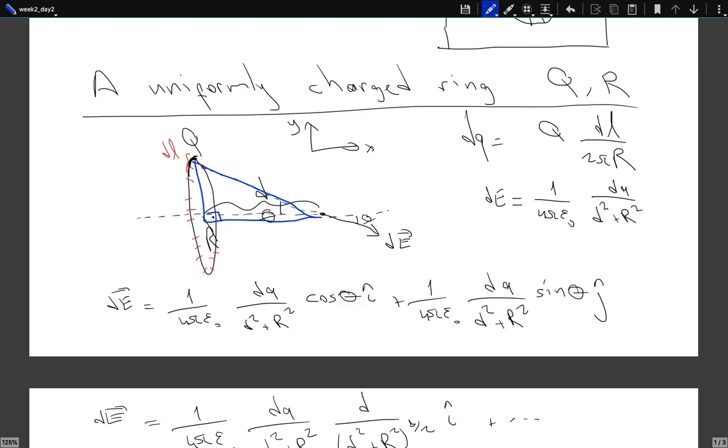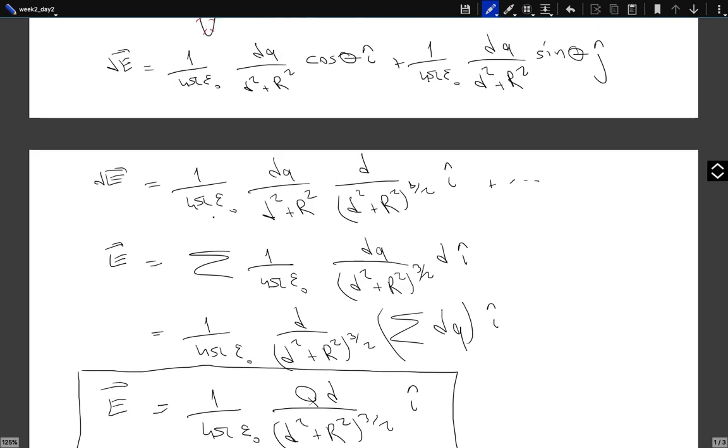So the hypotenuse is the square root of the radius squared plus d squared. The cosine of this angle in this right triangle is the adjacent side divided by the hypotenuse. So it's over here. This is the cosine of the angle. Here I didn't write the vertical part because when I sum, I already said that it will be cancelled.